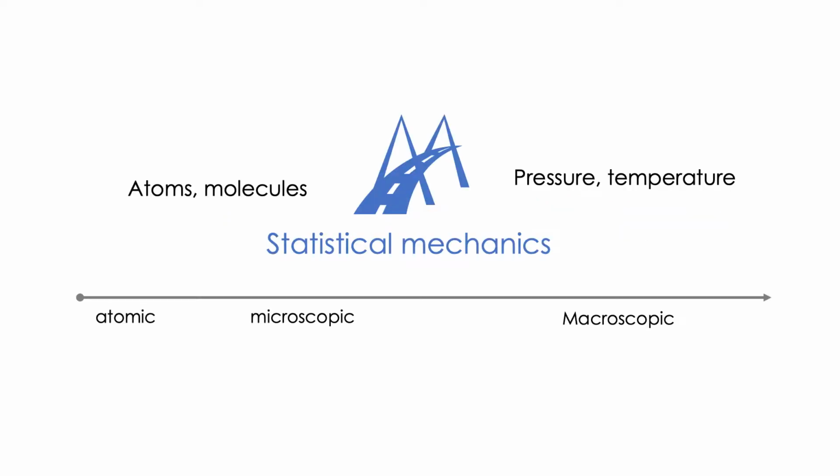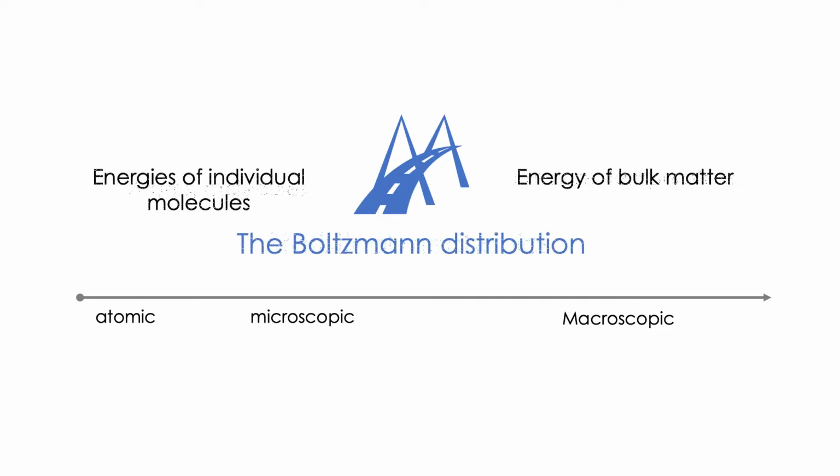So remember, we were saying that statistical mechanics is a bridge between the microscopic world of atoms and molecules and the macroscopic world where we have average properties like pressure or temperature. Well, within this framework, the Boltzmann distribution connects the energies of individual molecules with the energy of the bulk matter.